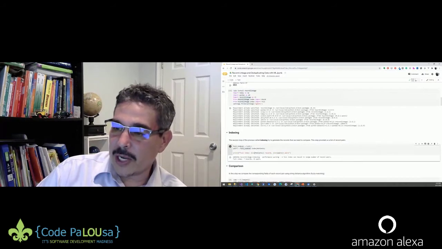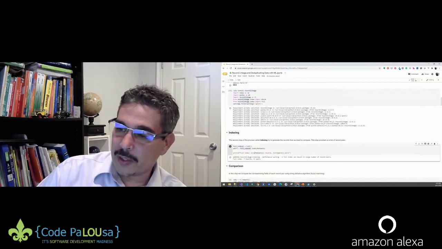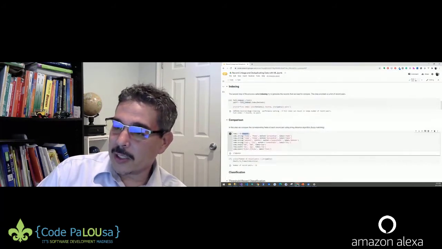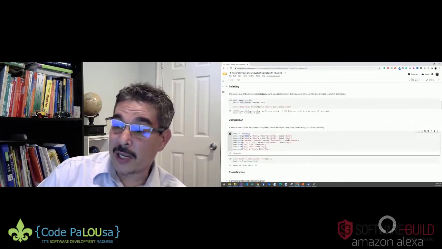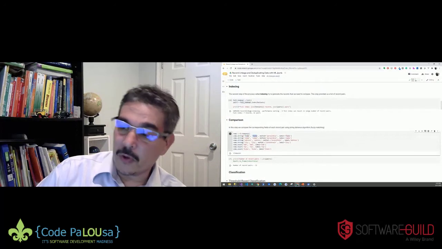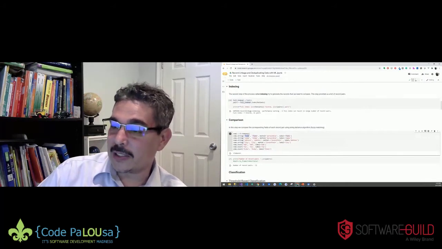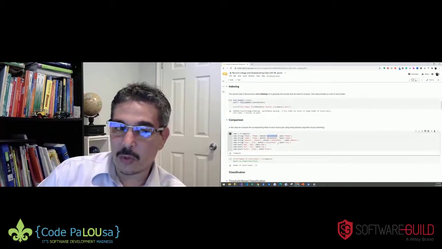It's a very simple way. In here, we say compare, and we call the compare class from the recordlinkage library. Then we say what we need to compare. We need to compare the first name for both records in the pairs, so we look at the pairs and we look at the real data. For first name, we use the Jaro-Winkler algorithm.